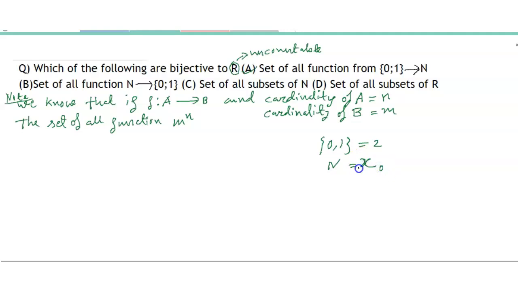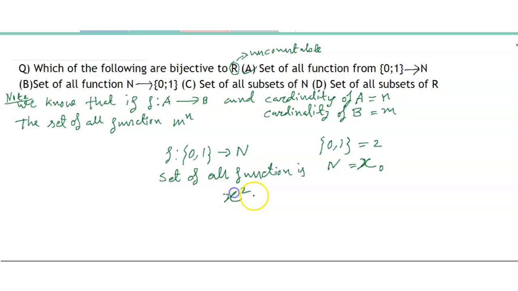So for the set of all functions from {0,1} to N, it is Aleph knot square, meaning Aleph knot into Aleph knot.